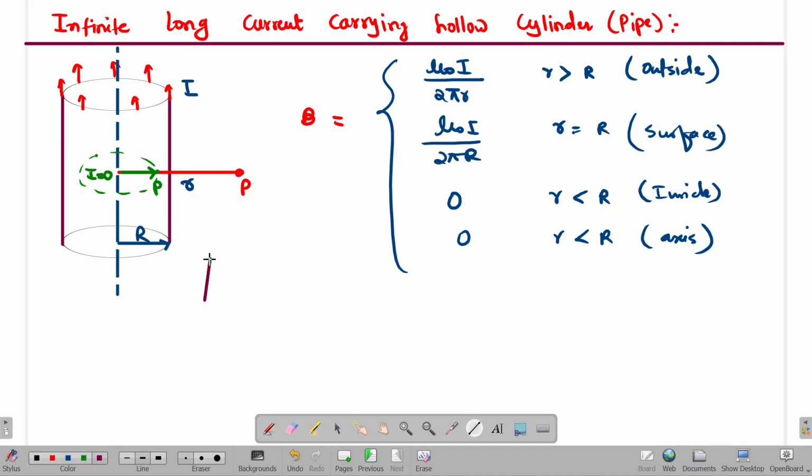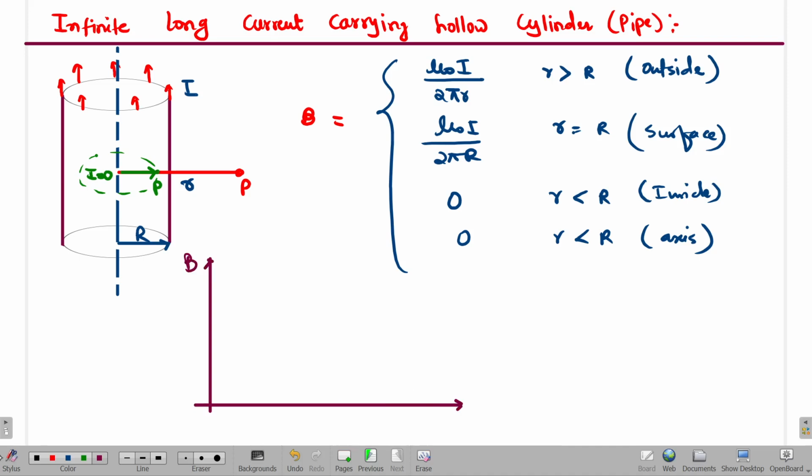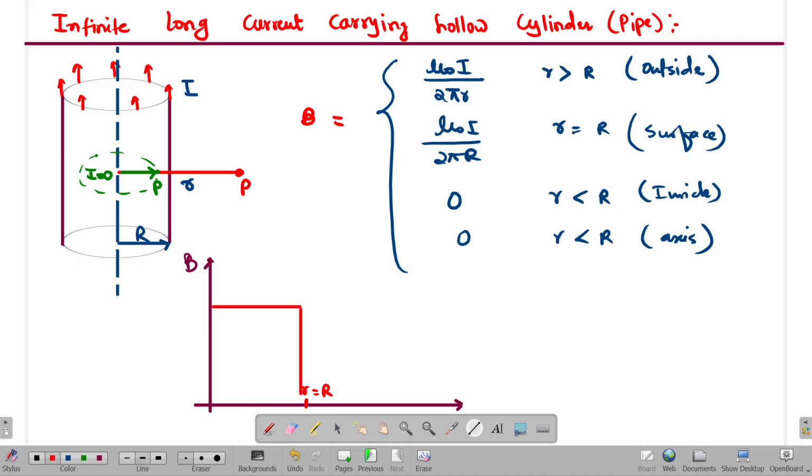When we draw the magnetic field variation with respect to distance r, this is r equal to R. Till the surface of the cylinder there is no magnetic field.